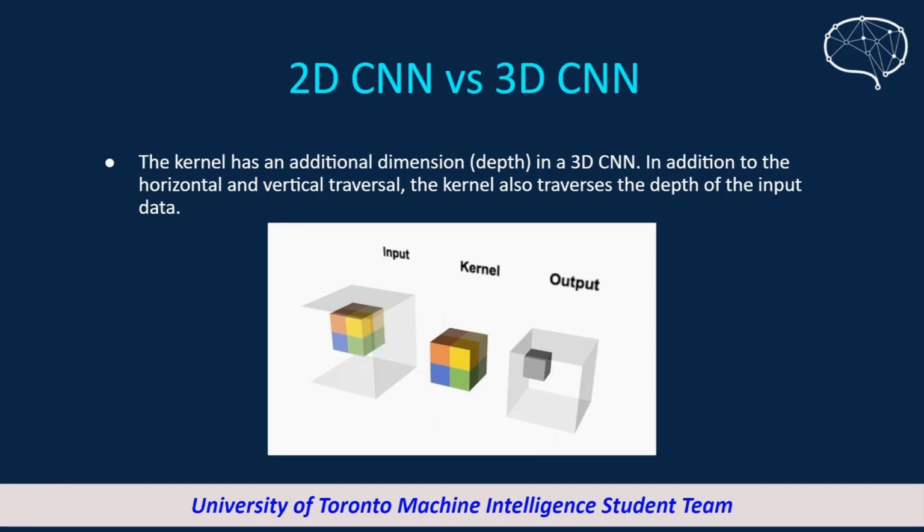Because of an additional dimension a 3D CNN introduces, the kernel has an additional dimension of depth in a 3D CNN. In addition to the horizontal and vertical traversal, the kernel also traverses the depth of the input data, as you can see in the image below.